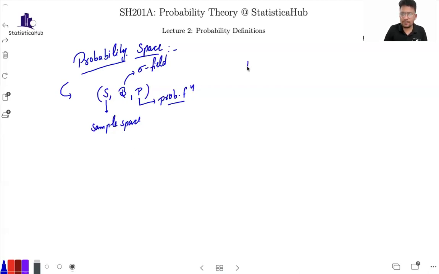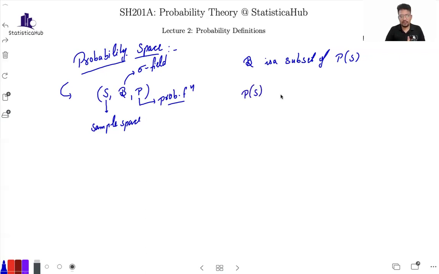If I go for the B, the sigma field, technically the sigma field is a subset of the power set of the sample space. Getting the point? You can make different subsets, and if you combine all the subsets into one set, this is the power set.